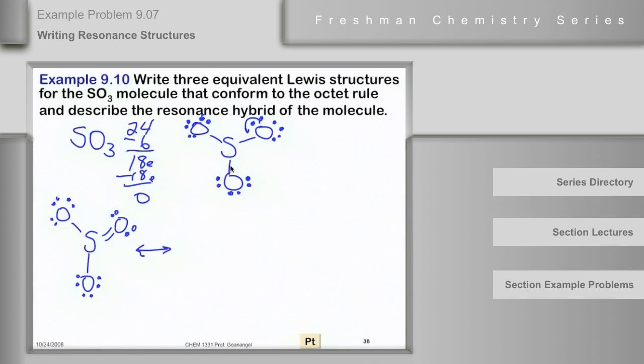So let me put it over here to start with. That'll leave 2 pairs of electrons there. We'll leave a single bond oxygen here and a single bond oxygen down here. Okay, so that's the second possibility. The third possibility is put the double bond down at the bottom.